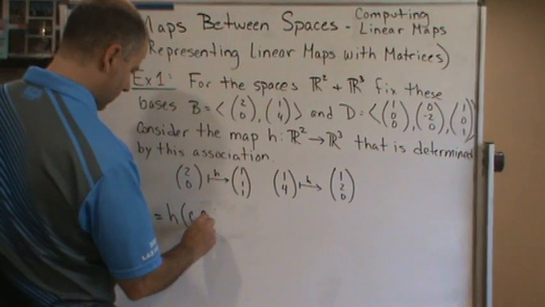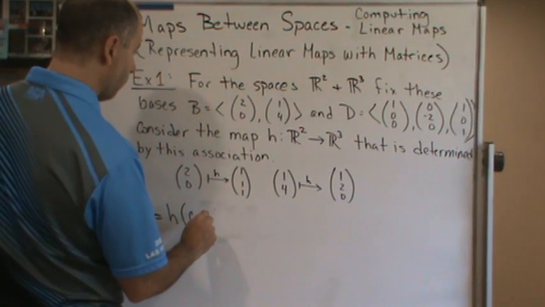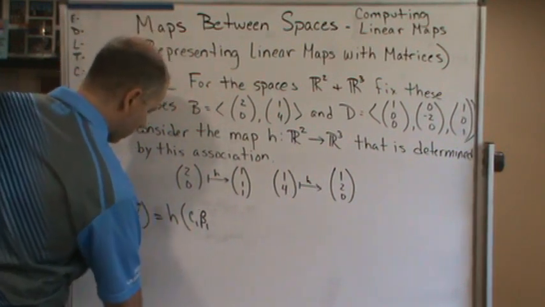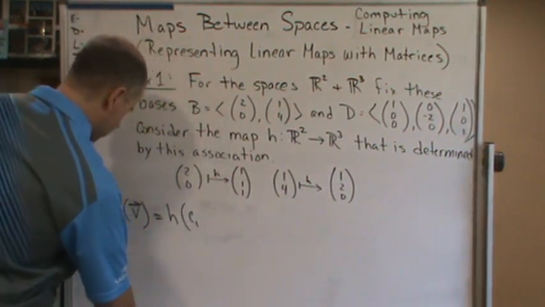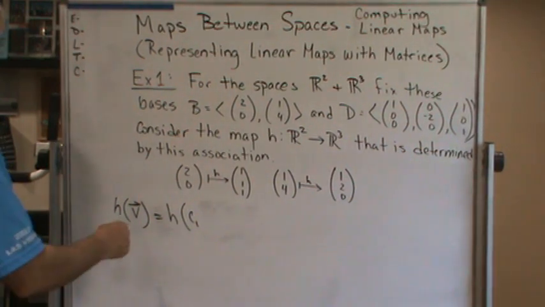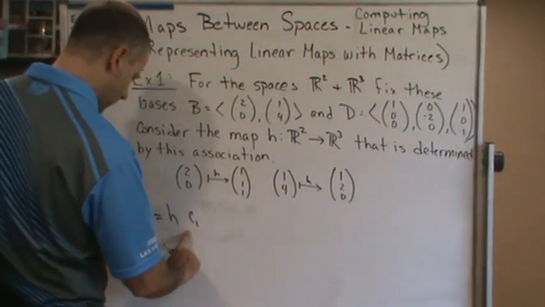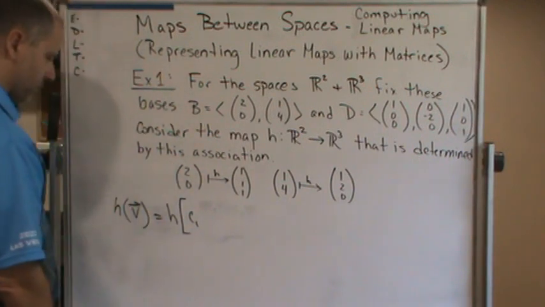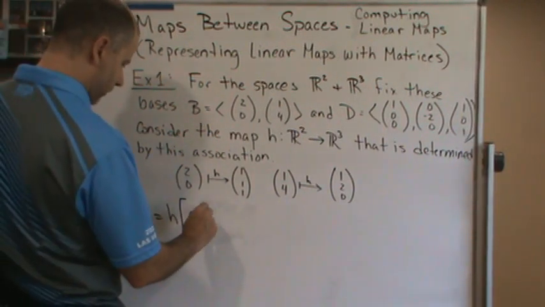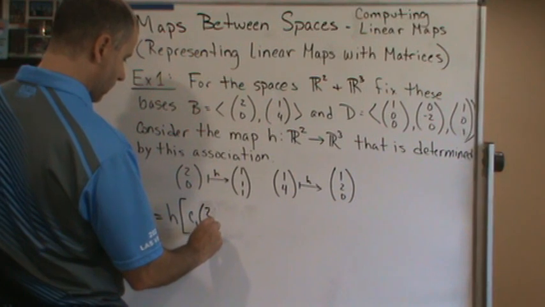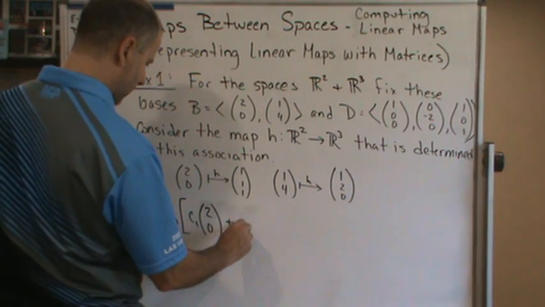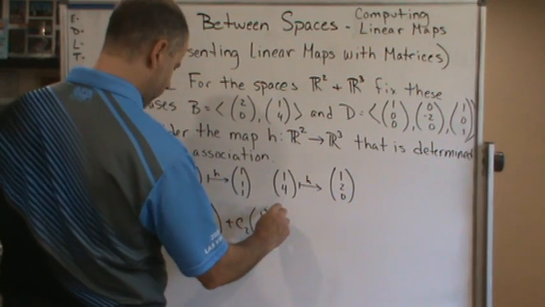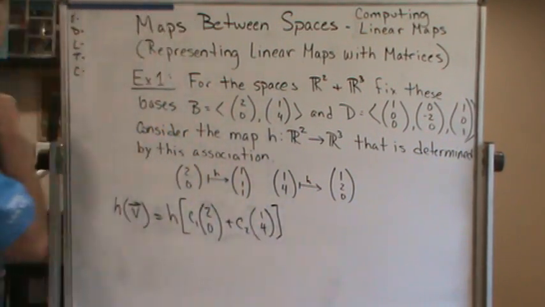Let's just do, I don't want to confuse you guys, so let's just use the basis vectors. So h of C1 times (2, 0) plus C2 times (1, 4). Okay, there we go.